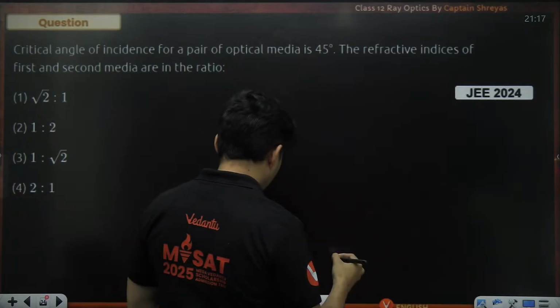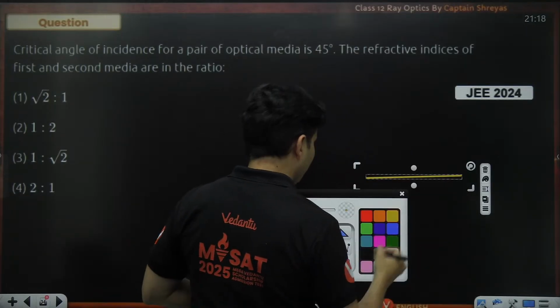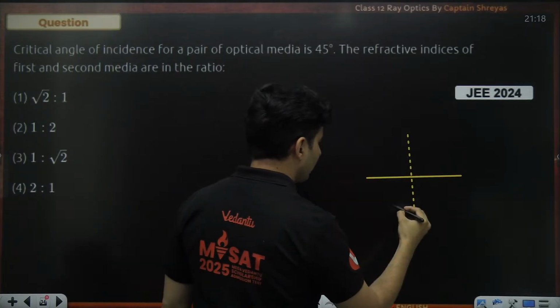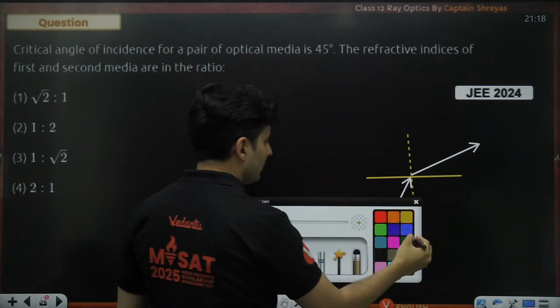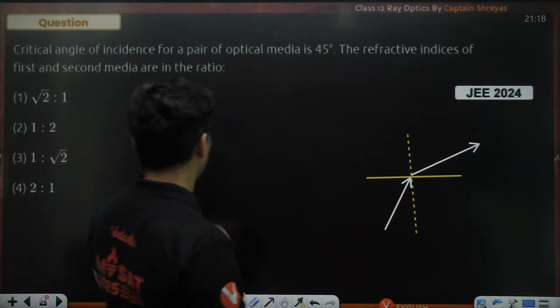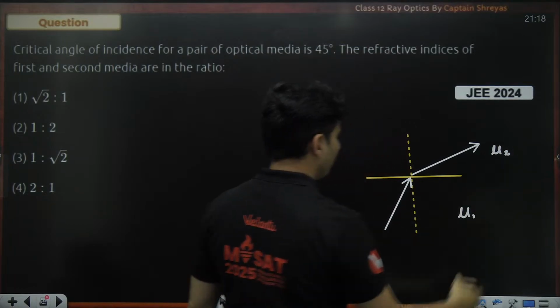Okay, so what it says is, see, we have a surface. This is the normal, and light is going like this and like this. This is the critical angle, refracting into the first and the second medium. This is mu1, this is mu2.